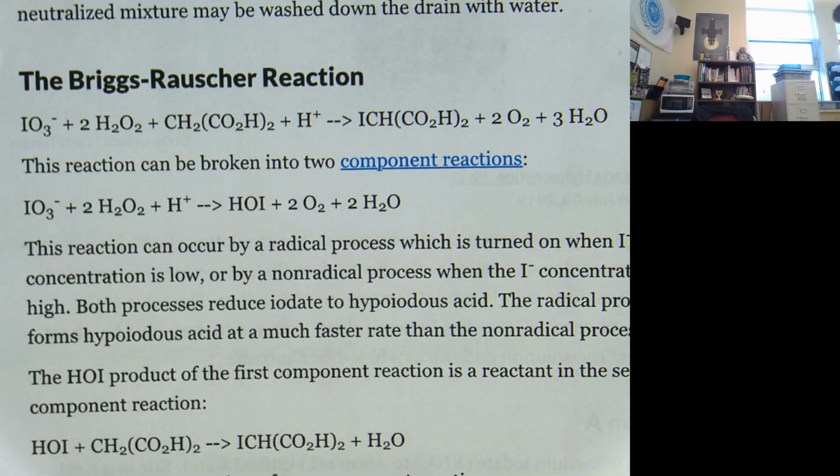And so at this stage, this is effectively going to kill the reaction, because the thing I'm adding here is called sodium thiosulfate.